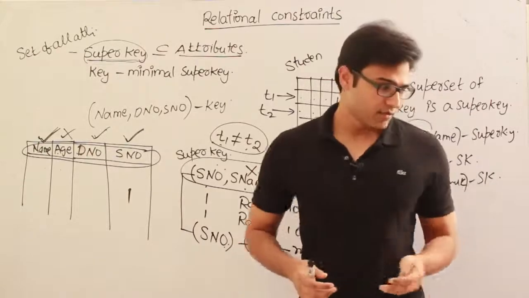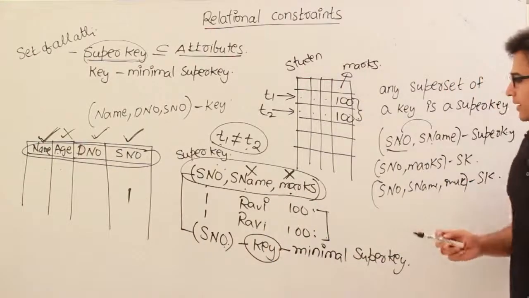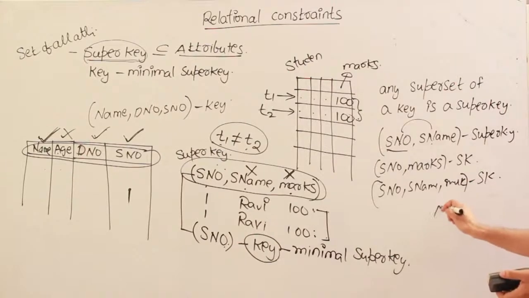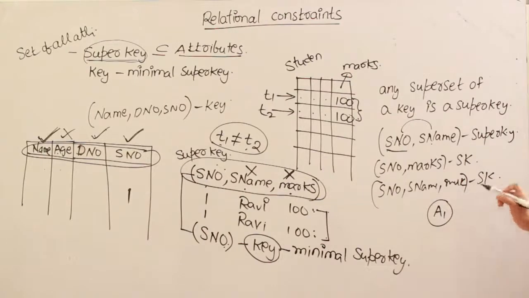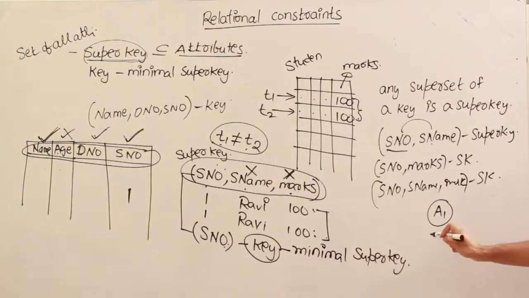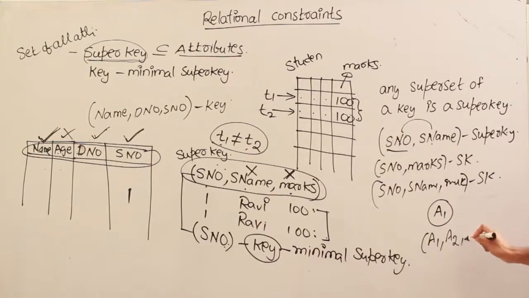Are you getting this? For example, let us say attribute a1 is the key, think about it carefully. And the total number of attributes in the relation is a1, a2, a3, a4. Then how many super keys are possible?